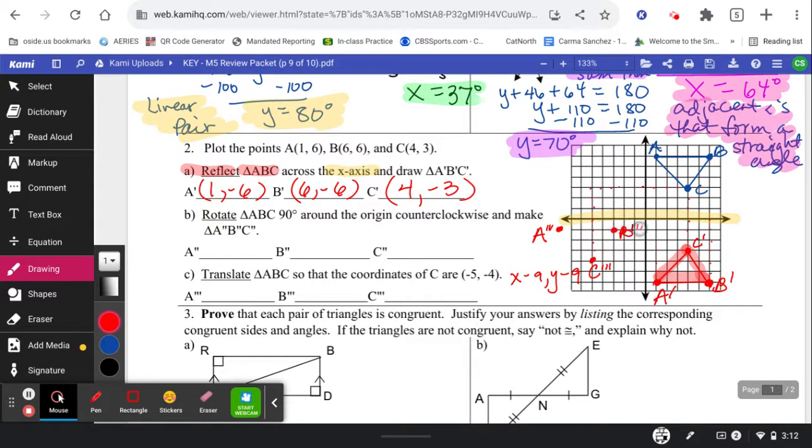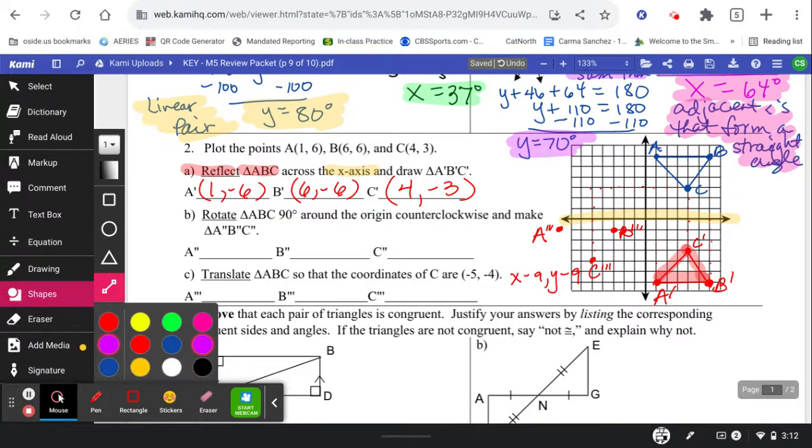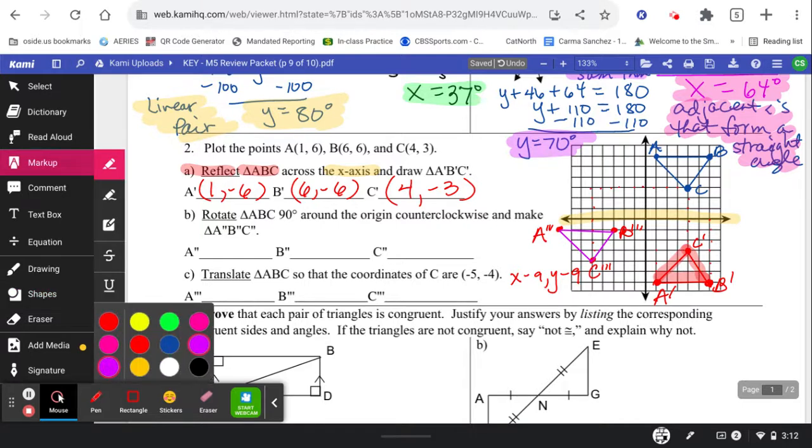There's my B triple prime, connect it. This purple is my translated.